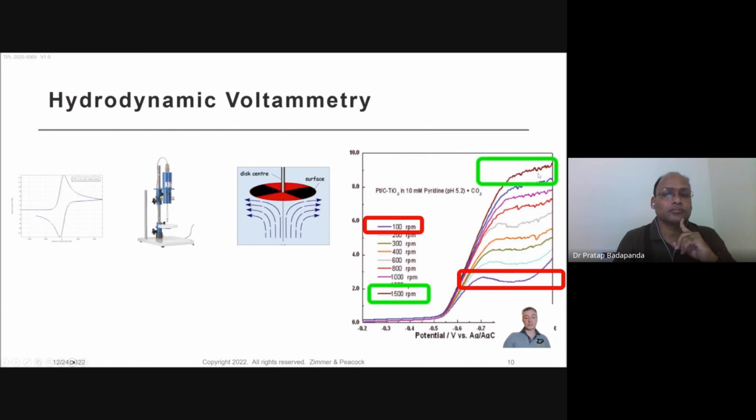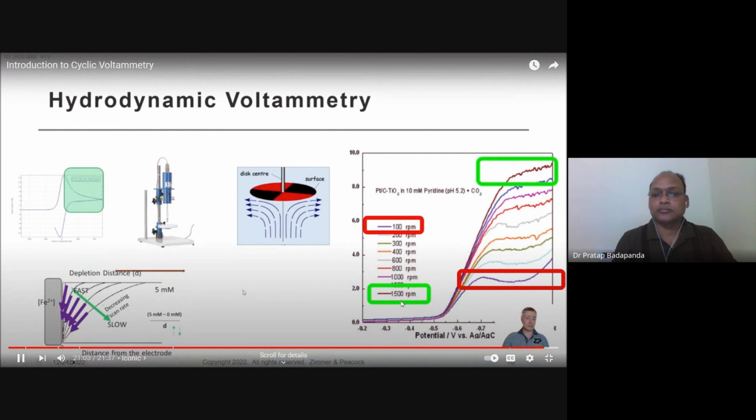So one of the main reasons voltammetry looks the way it does is that it's in an unstirred solution. As interesting and iconic as the CV is, it's really just a reflection of the way the experiment is done.